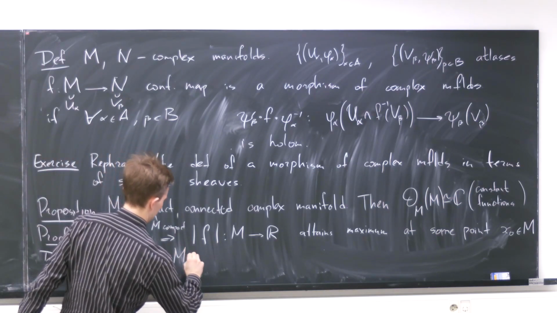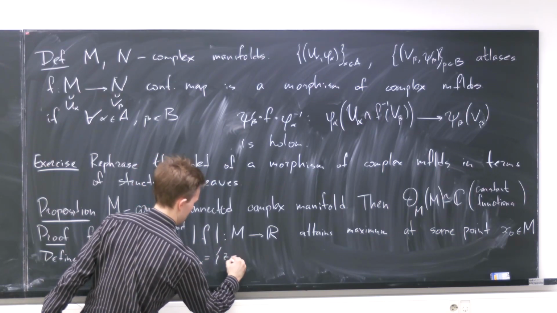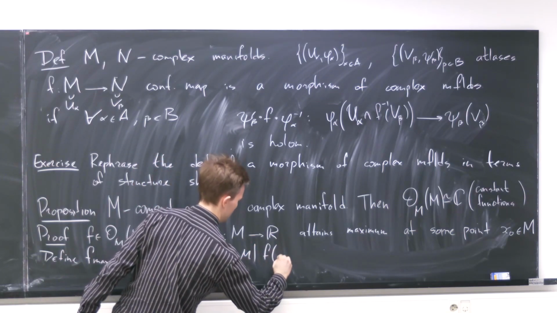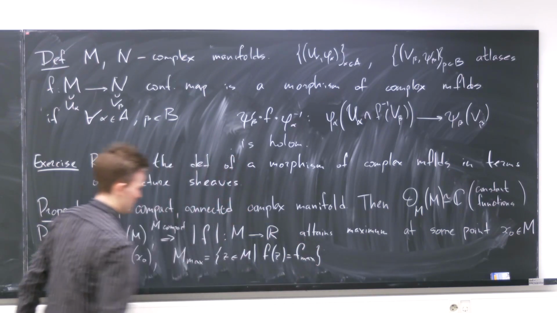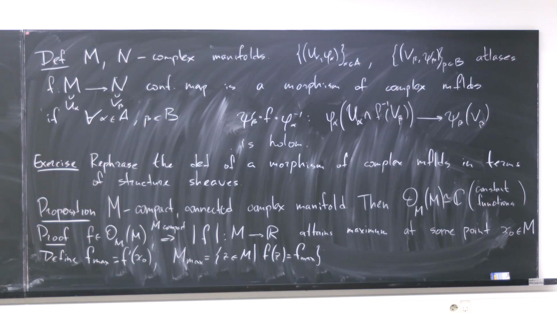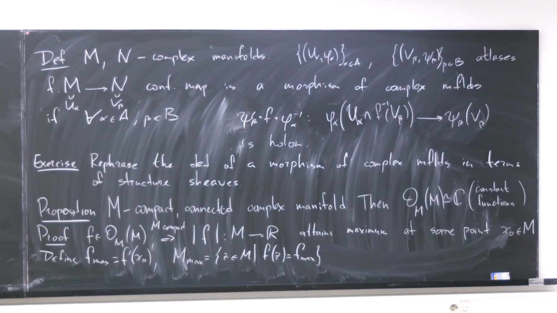Let's call it M maximal. It's the set of points in M such that f of z equals this f maximum, right? So that's just the preimage of this complex number f maximum. So this set is closed and it is non-empty.